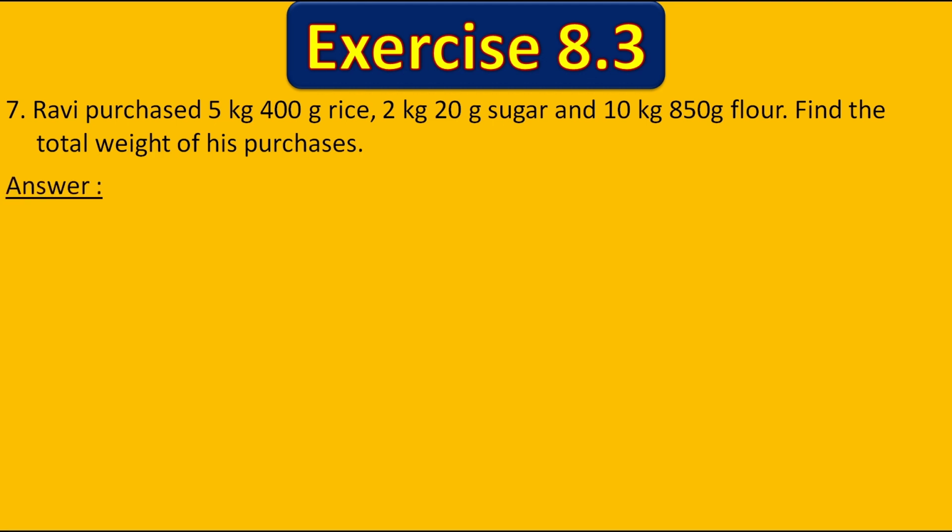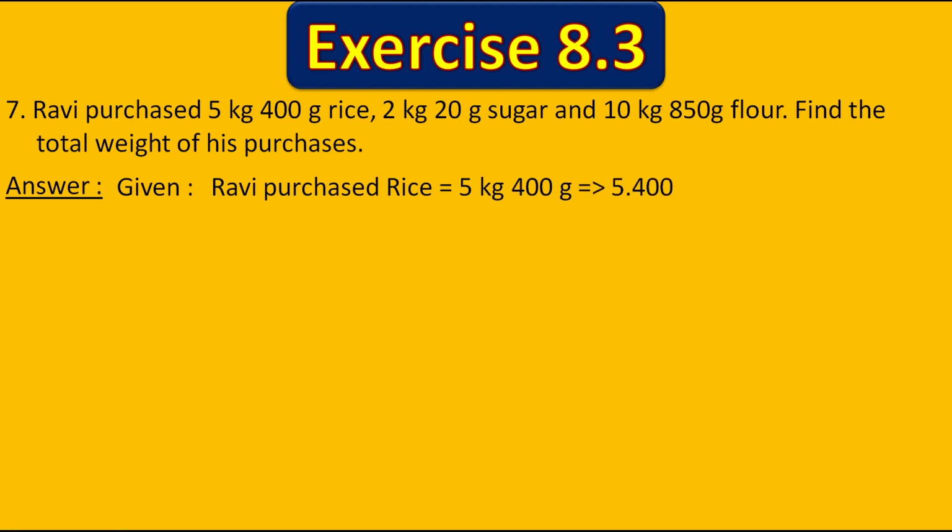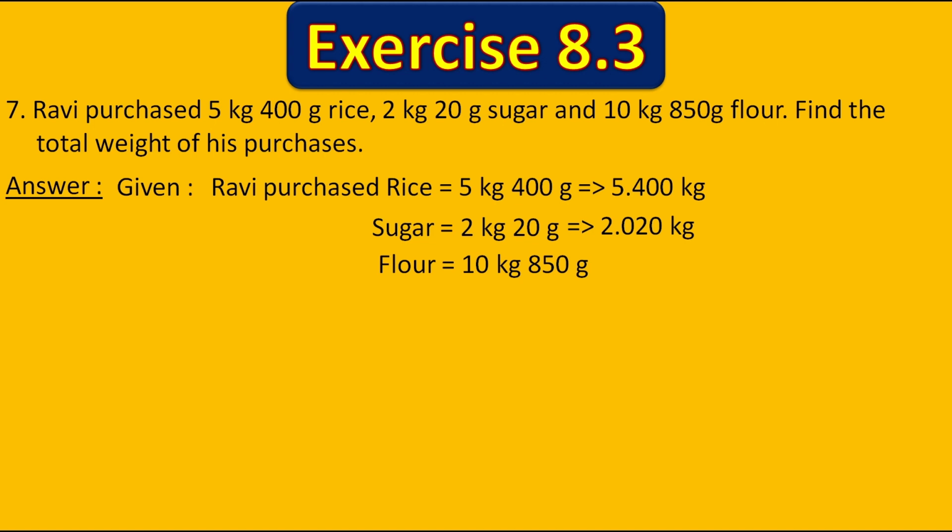Ravi purchased rice, 5 kg 400 gram, which we will convert as 5.400 kg. Okay, and he purchased sugar as 2 kg 20 gram, which can be converted as 2.020 kg, and flour is 10 kg 850 gram, which can be written as 10.850 kilogram.